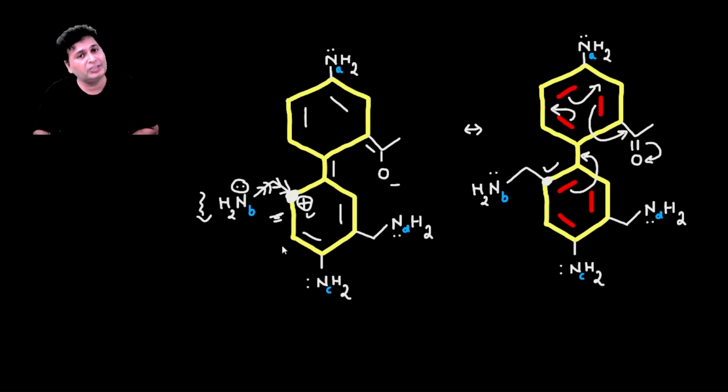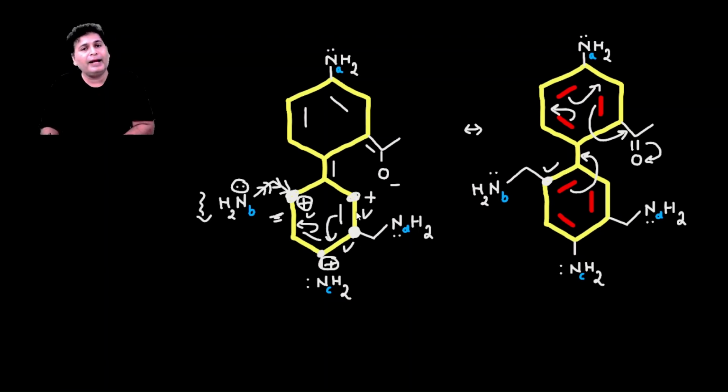However, a similar type of plus charge will not come on this carbon. How? You can continue the conjugation from that point: plus, single, double. If the double shifts like this, the plus will come here, and once you see plus, single, double, the double shifts like this and plus will come here.